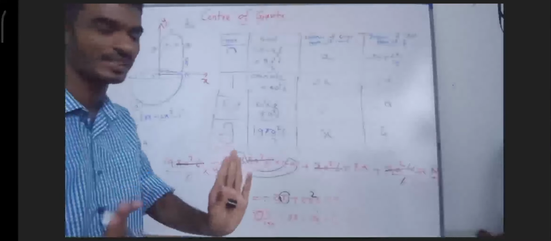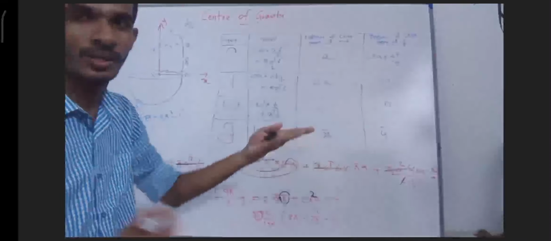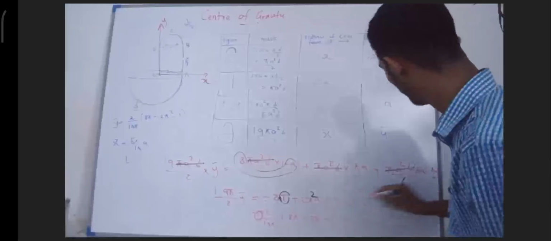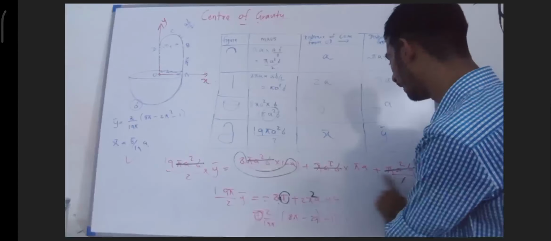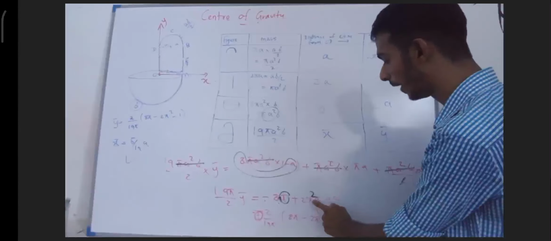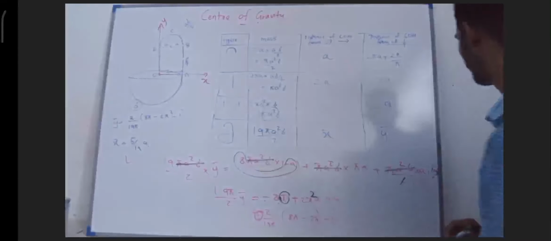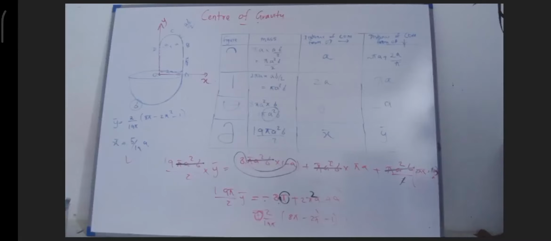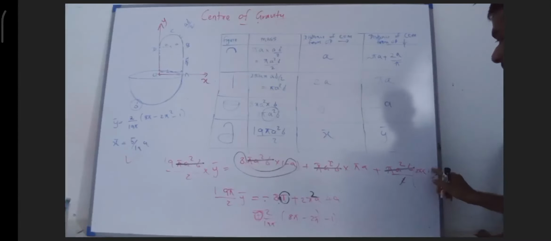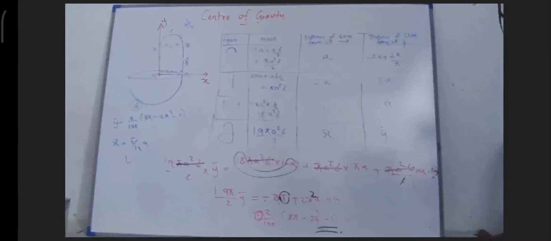Simplification doesn't matter, I have explained it, and you can simplify. If I multiply this pi with this pi, I will get 2 pi square a plus a remaining here, and this pi will eliminate this pi, and here also we will have pi. So ultimately I get this as the answer.